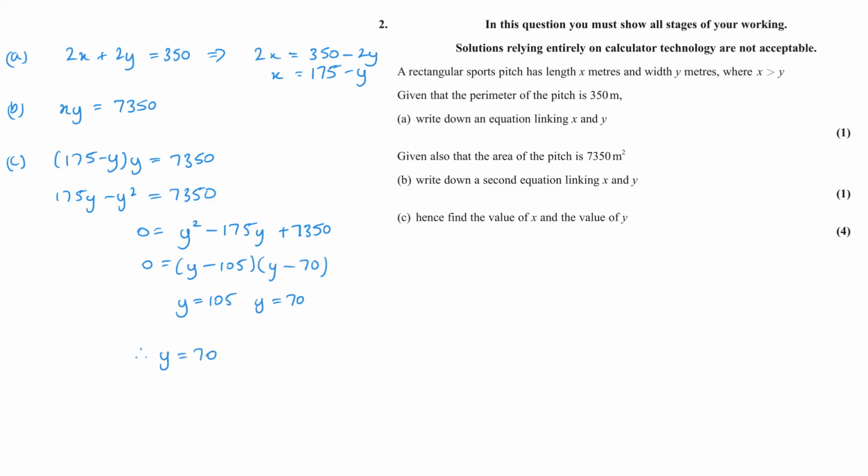And of course I multiply 70 by 105, that gives me the 7350, doesn't it, for here. So one of these is 70, one of these is 105. So if y is 70, x is 105 there. And those are my final two answers.